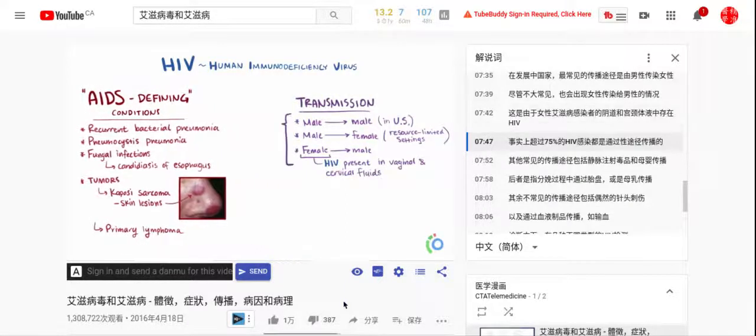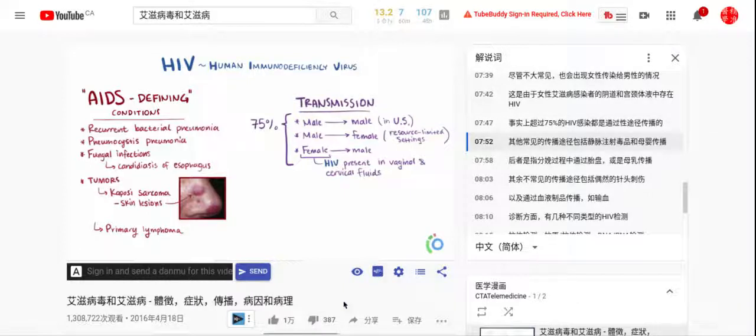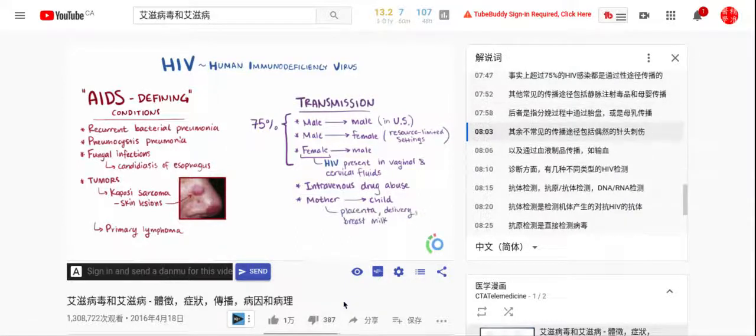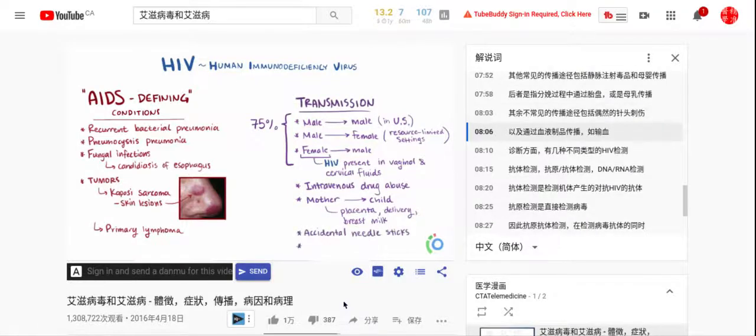In fact, over 75% of all cases of HIV are contracted from sexual intercourse. The next most common means of transmission include things like intravenous drug abuse and mother-to-child transmission, which can be via the placenta, during delivery, or via breast milk. Other, much less common modes of transmission include accidental needle sticks and use of blood products like blood transfusions.